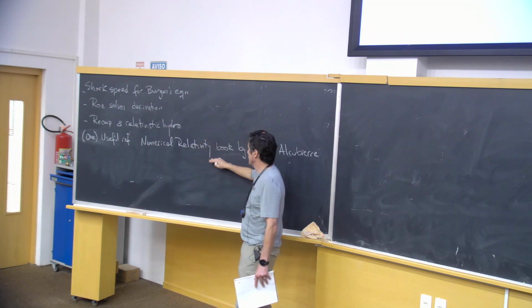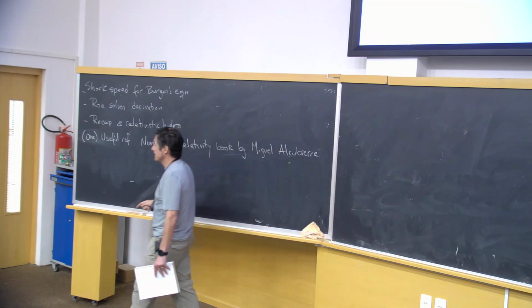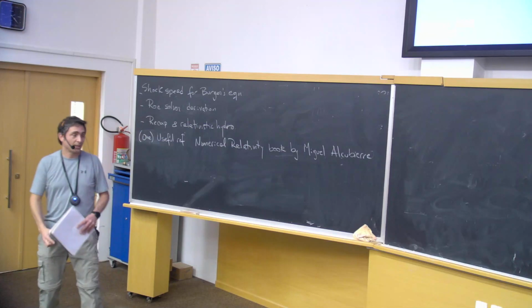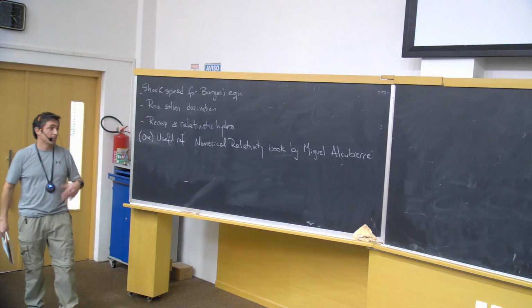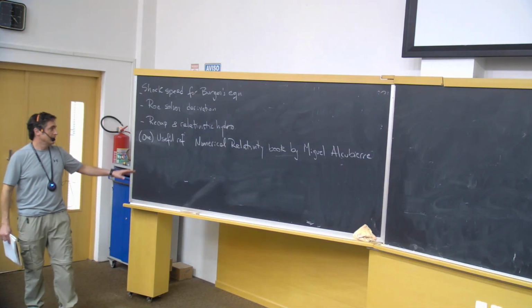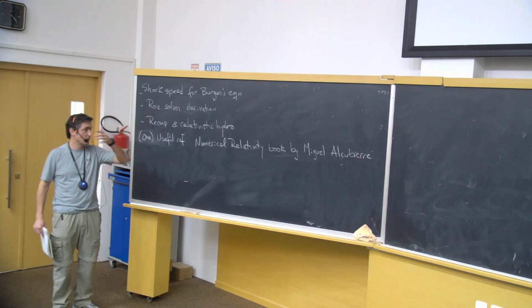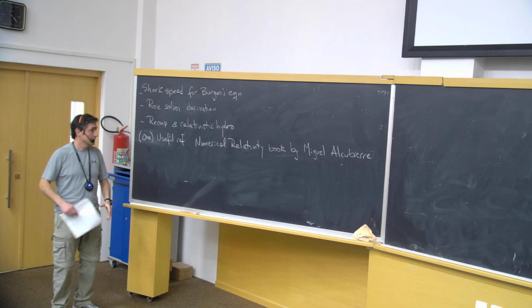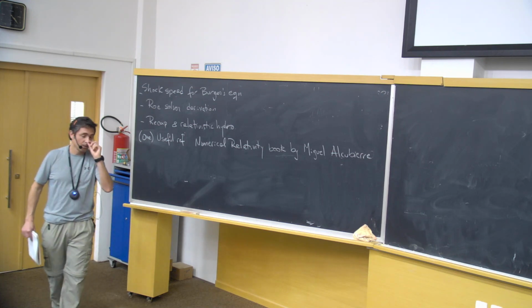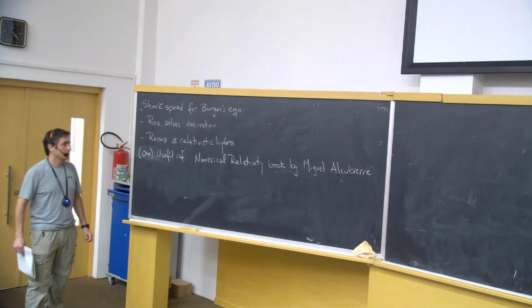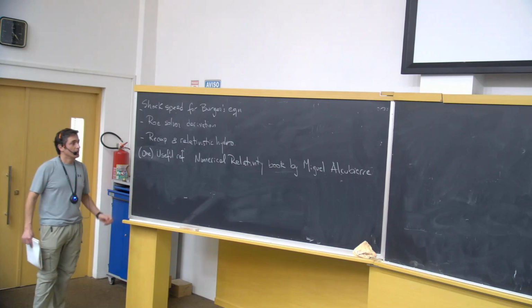Also, I want to point out a good, very useful reference. There are many books in numerical relativity. There are many also books on the derivation or the implementation of hydrodynamics. I mentioned one yesterday, Randy LeVeque's book on theory and approximations to conservation law problems.